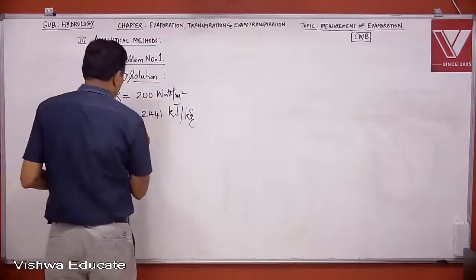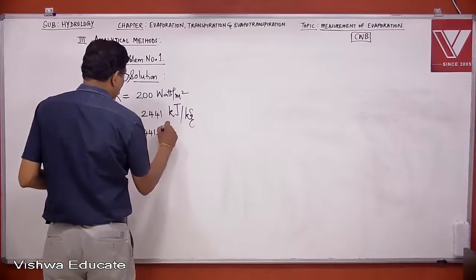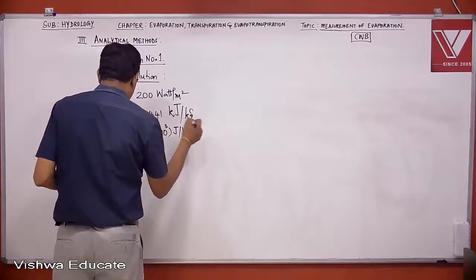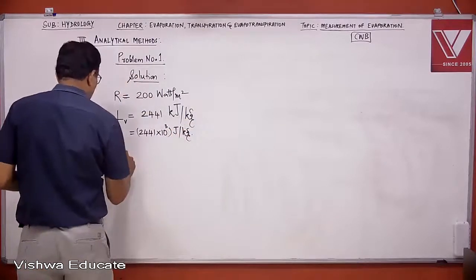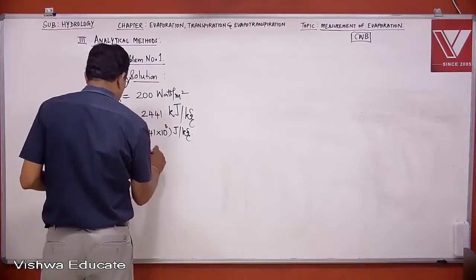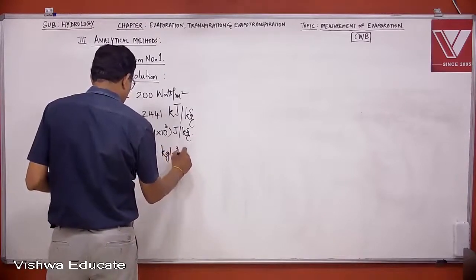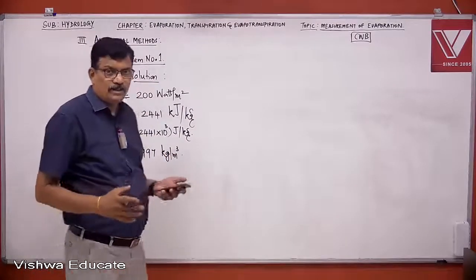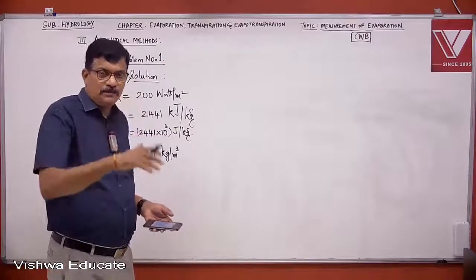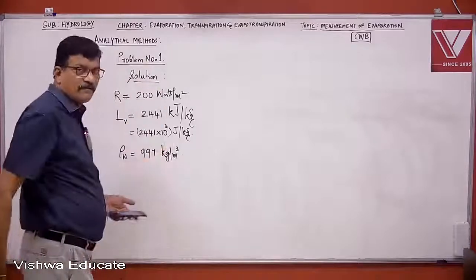So obviously this is kilojoules, so let us convert this into 2441 into 10 to the power of 3 joules per kg, which is the required unit. The density of water, rho W, is 997 kg per meter cube, and the ground heat flux and the sensible heat are assumed 0. That means they do not contribute to this process of evaporation.